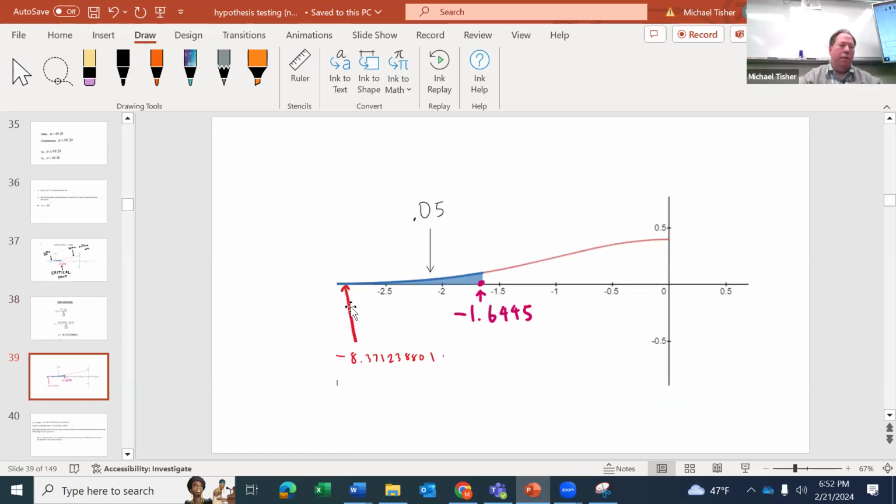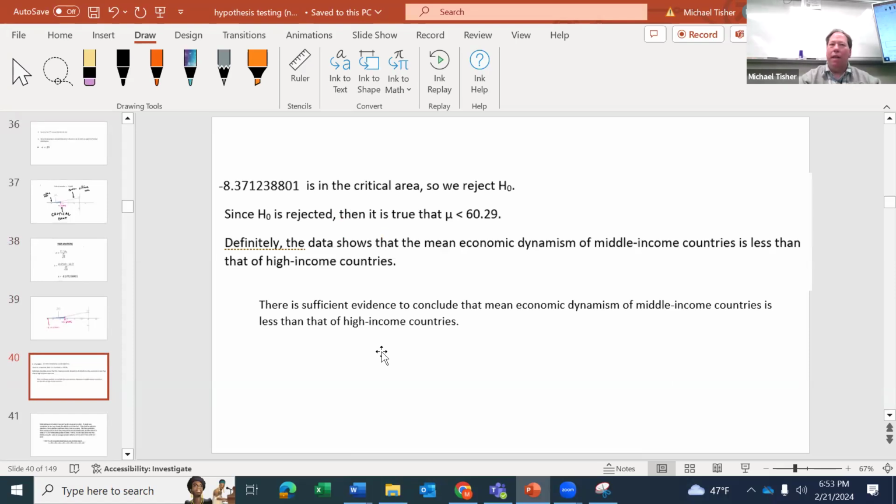And then we label that test statistic. And you see it's in which area? Is it critical area or non-critical area? Critical area, yes, okay. And if you're in the critical area, here's what you do. You reject the H0, okay? So if a test statistic is in the critical area, we always reject the H0 no matter what.